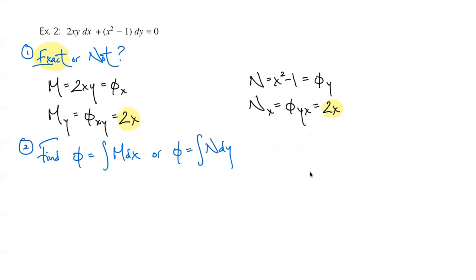In the video part 1, I did both types just so we could see that they both work. In this case, I'm going to choose the second one. I'm choosing this only because I did it before making the video, so I found out that this one ended up being marginally a little bit less work. You kind of learn that through experience. But you are also welcome to do the integral of M dx. I think that one's not too bad either, and you should still get the same answer as what we get here.